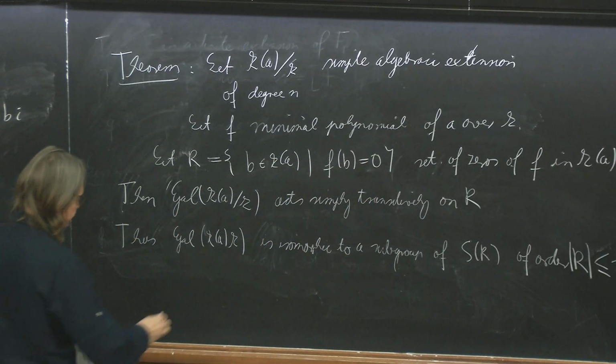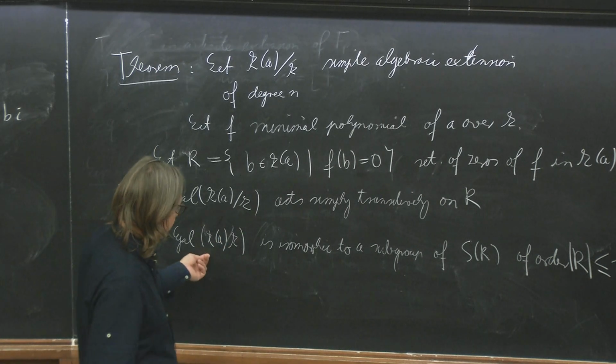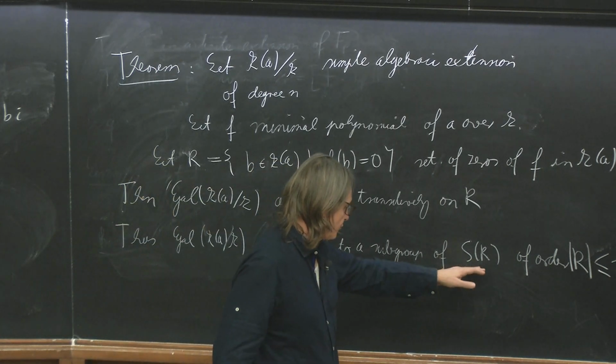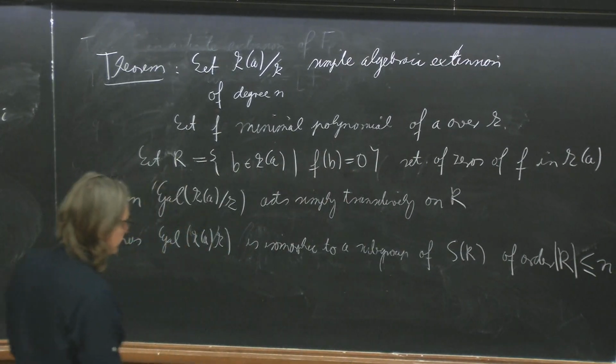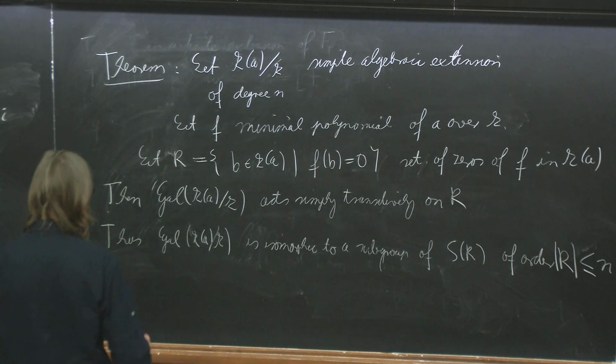As the Galois group acts by permuting them, it's isomorphic to a subgroup of this, and the order is at most n.